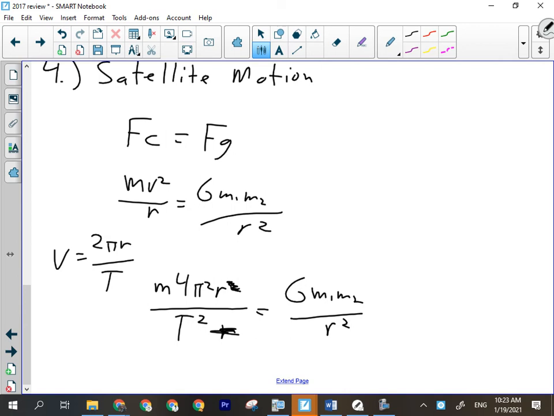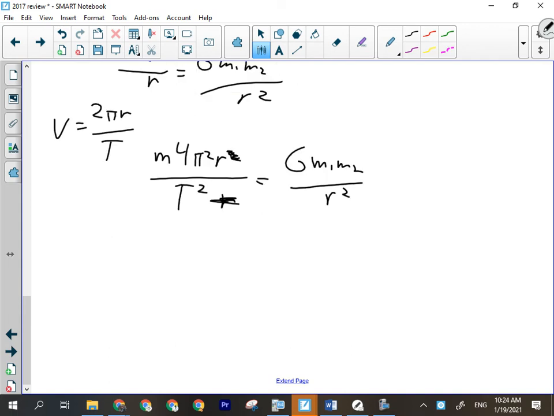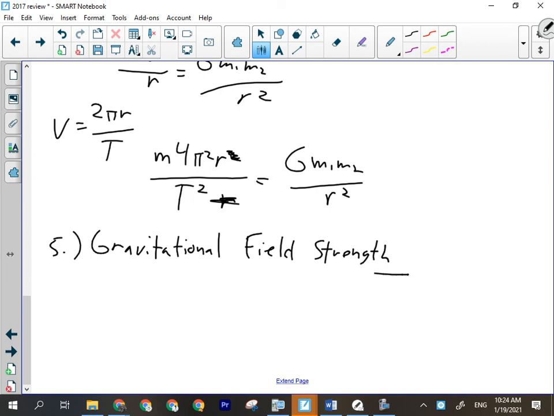All things are equally gravitationally affected at a given distance because of, what number are we on? 5? Because of gravitational field strength.